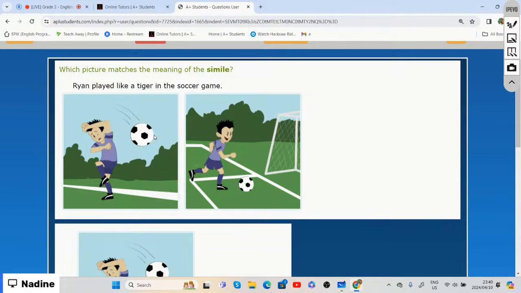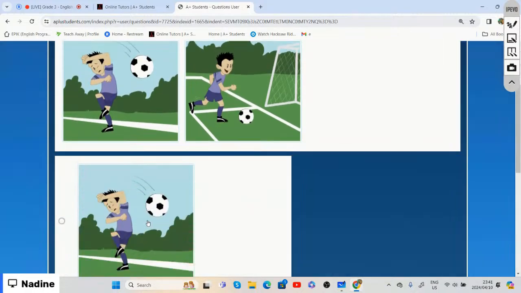So we can say Ryan played like a tiger in the soccer match.